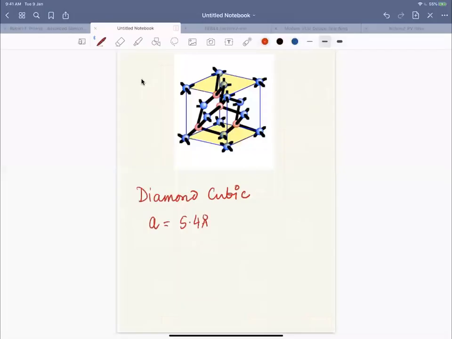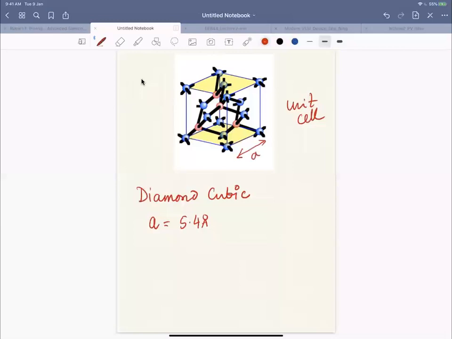This is a unit cell of a silicon crystal. You can take this unit cell and repeat it to get your 3D crystal. This is your lattice constant.